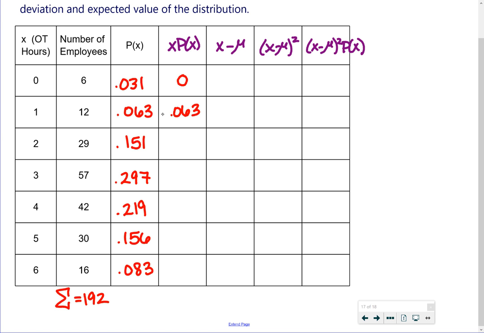And again, I'm just going to stick with 3 decimal places on each of these. 2 times 0.151, 0.302. 3 times 0.297, 0.891. 4 times 0.219, 0.876. 5 times 0.156, 0.78. And then 6 times 0.083, 0.498.